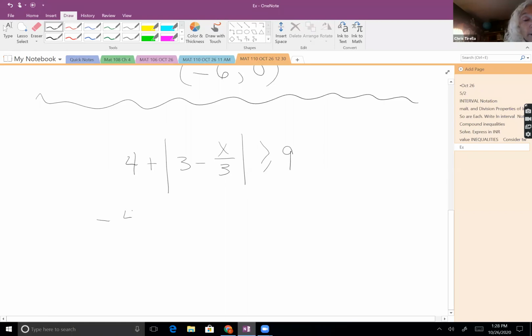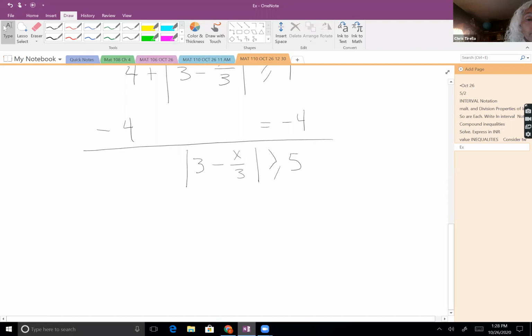So I'm going to subtract the 4 from both sides, giving me the absolute value of 3 minus x over 3 is greater than or equal to 5. Now we're saying it's further from 0 than 5. It's greater than. So I have 3 minus x over 3 is greater than or equal to 5, or 3 minus x over 3 is less than or equal to negative 5.